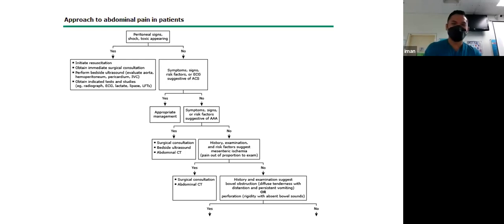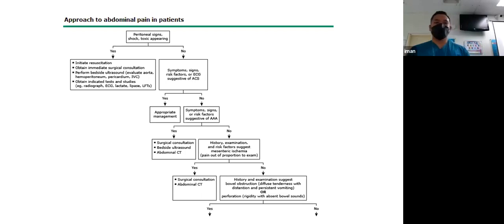A pulsatile mass, okay. Anything else? Any information that makes you think maybe it's an AAA. Okay. High BP, radiofemoral delay. Usually the pain is new onset and quickly goes to the back.